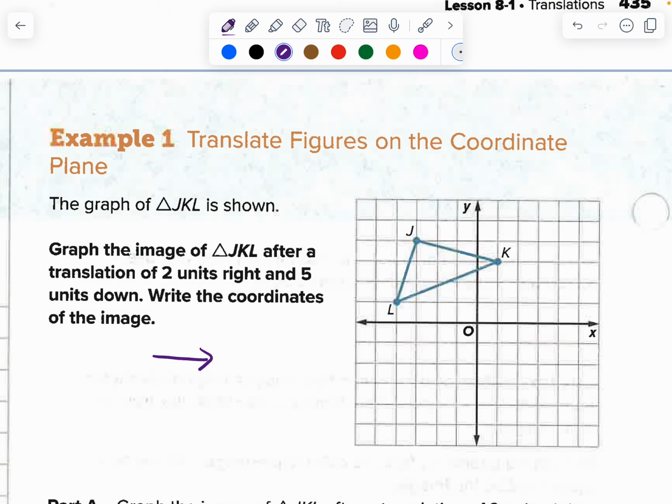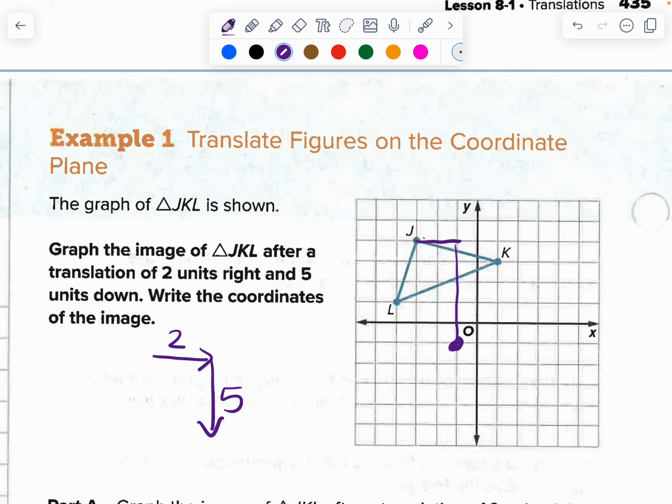So on this one, it says, graph the image JKL after a translation of 2 units to the right. So we're going to go to the right 2 units, and then we're going to go down 5 units. 1, 2, 3, 4, 5. Okay?